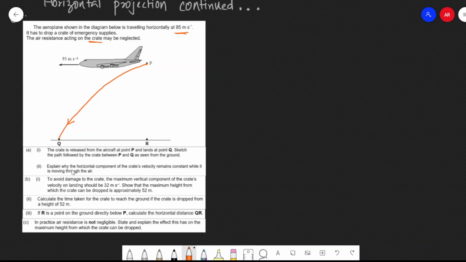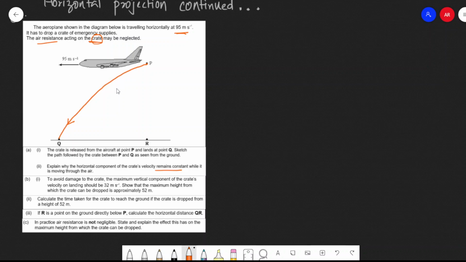Here it's done. Explain why the horizontal component of the crate's velocity remains constant while it is moving through the air. It has been indicated in the question that air resistance may be neglected on the crate. So although the aircraft is moving through the air, the crate does not experience any air resistance.